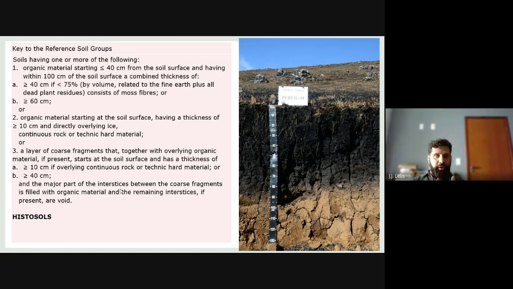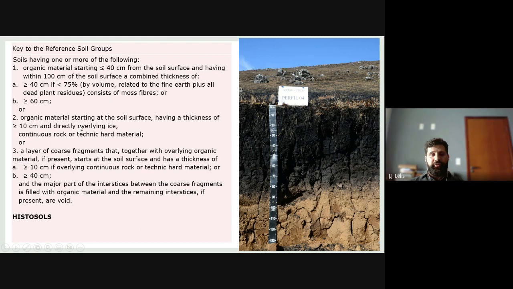Is this soil in front of me a histosol? That is the first question that you need to bring to your mind. And to check if that soil is a histosol, you just need to check all this information here.